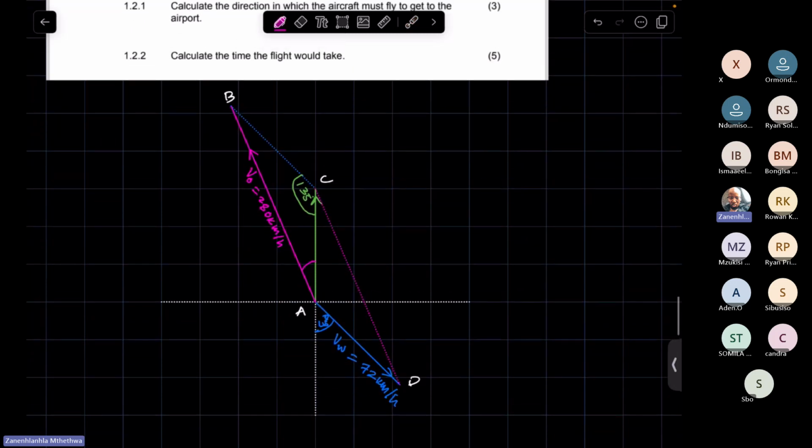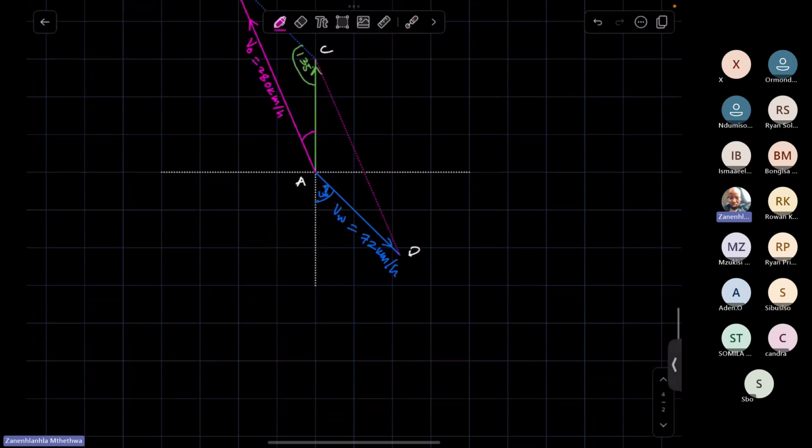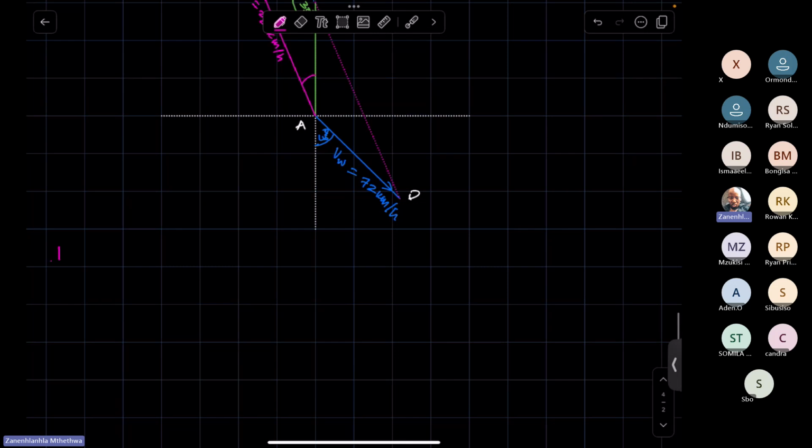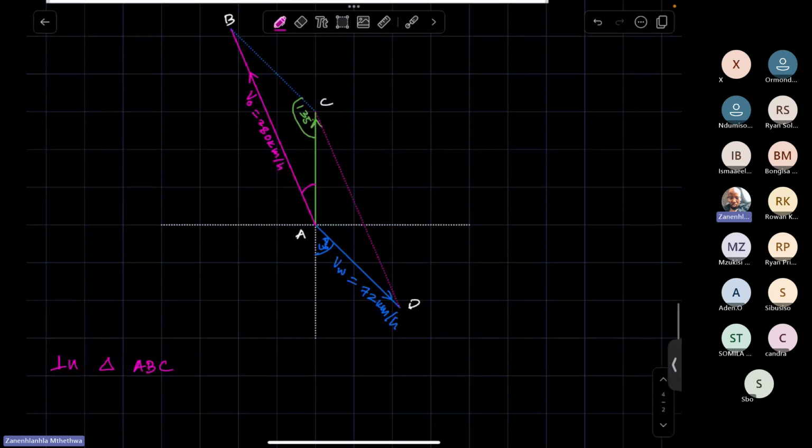In calculating that angle, as we've established, the angle that we do have is not an included angle, so we are going to use the sine rule. Using the sine rule, we are looking for angle A in triangle ABC.